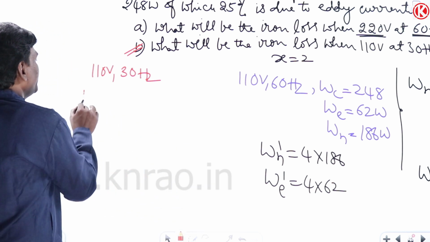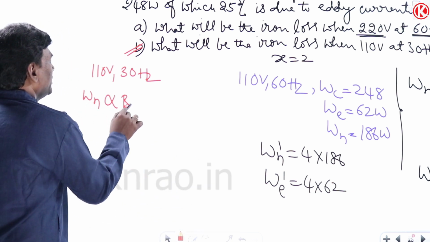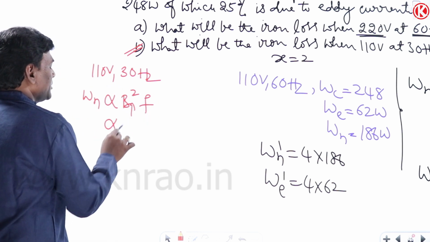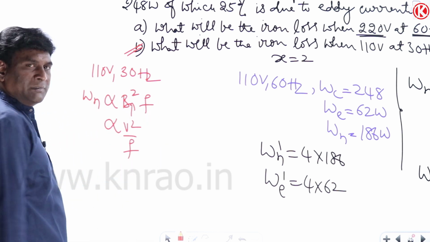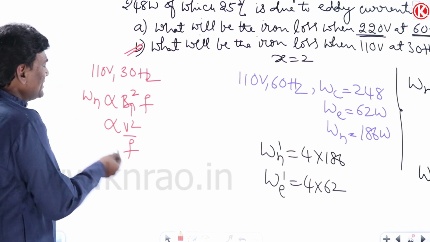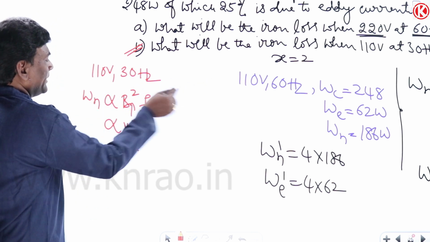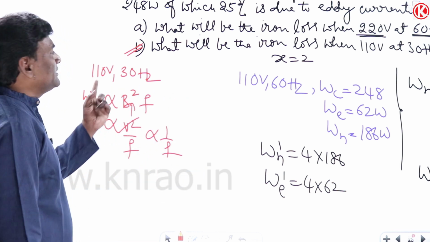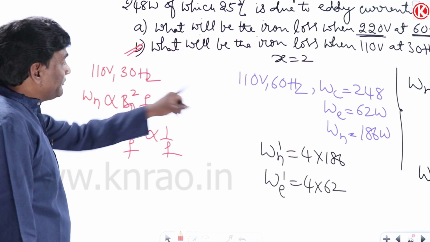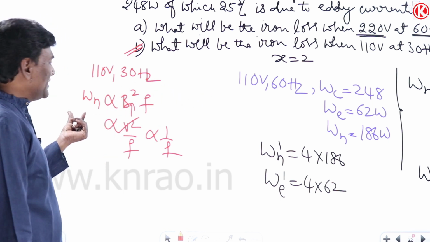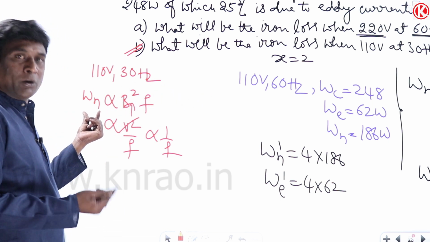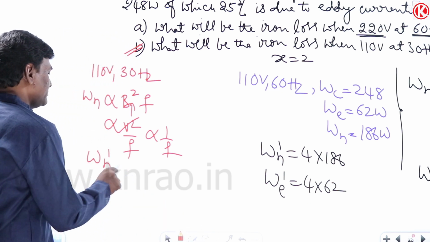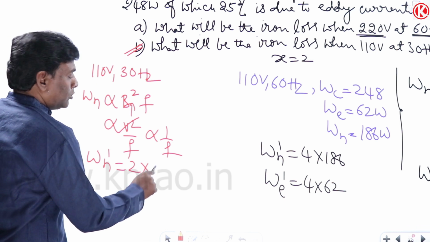Let us think of hysteresis loss, directly proportional to Bmax to the power of X, X is nothing but 2, into F, directly proportional to voltage square by F. Bmax is directly proportional to V by F. So hysteresis losses, voltage is same, so inversely proportional to frequency. If frequency is reduced to half, hysteresis losses should be increased by 1 by half, meaning 2. So new hysteresis losses equal to 2 into 186.